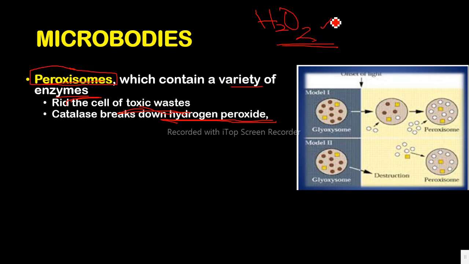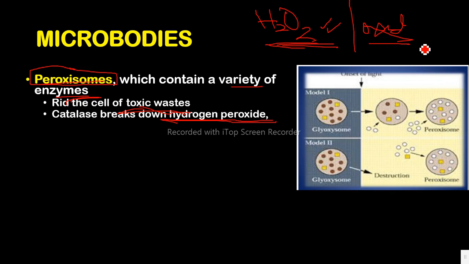This one is highly unstable, so if it is not removed within the cell, it can end up oxidizing your DNA and other stuff, which will lead to altering the DNA. If you alter the DNA, that is what we refer to as mutation.